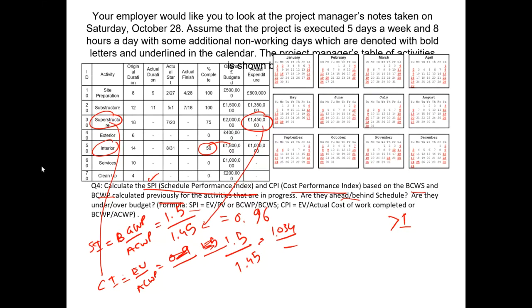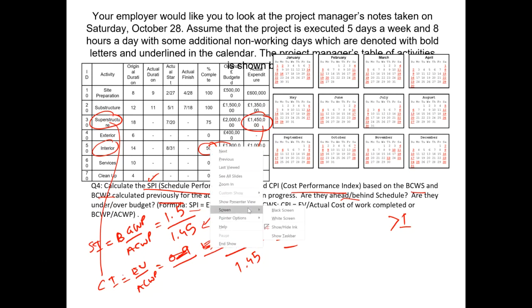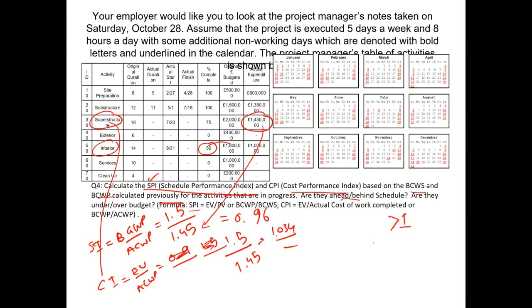And then we will repeat the same for the other activity in progress. So looking at the interior activity here, first of all, we will calculate the schedule index using the formula, which is budgeted cost of work performed divided by budgeted cost of work scheduled.